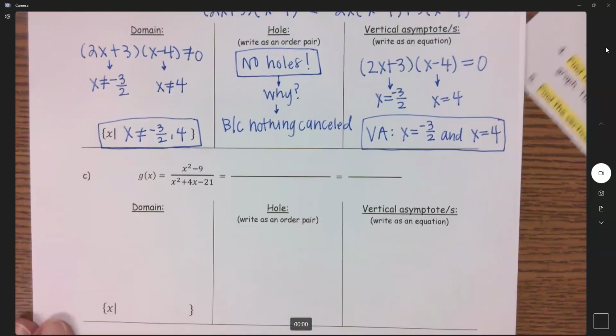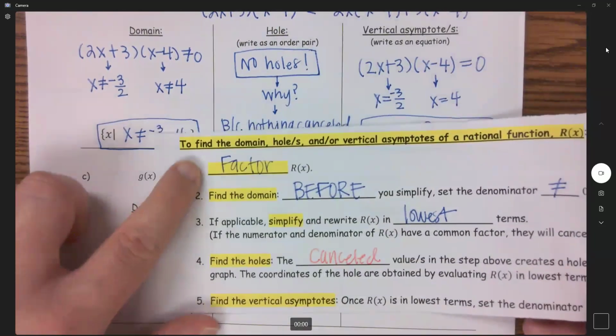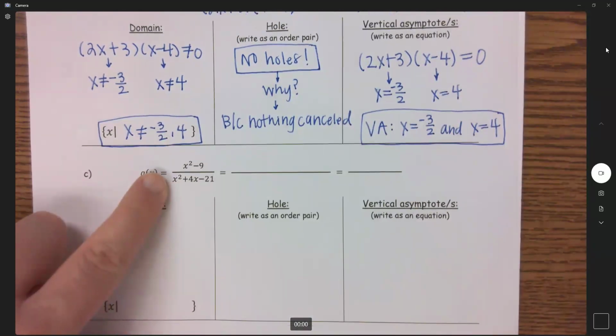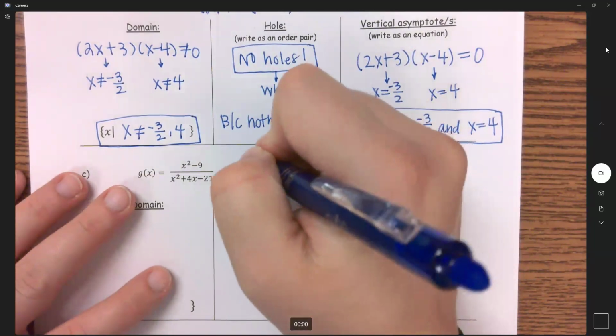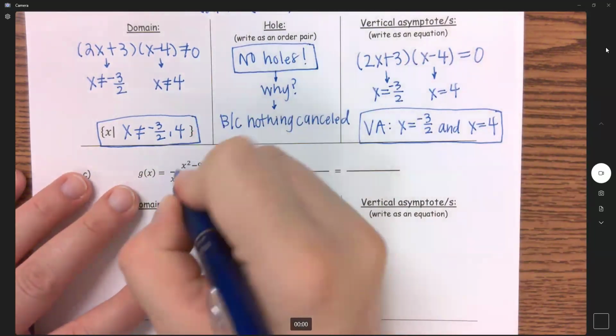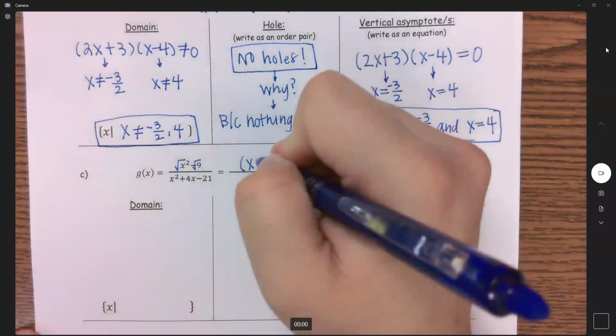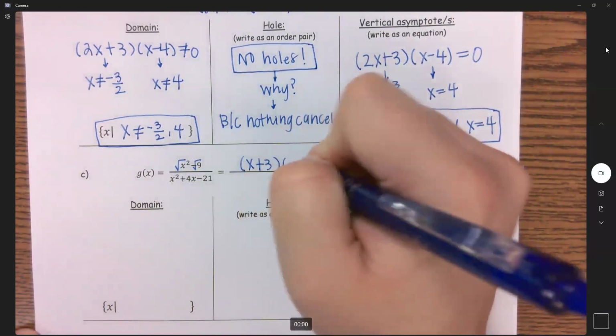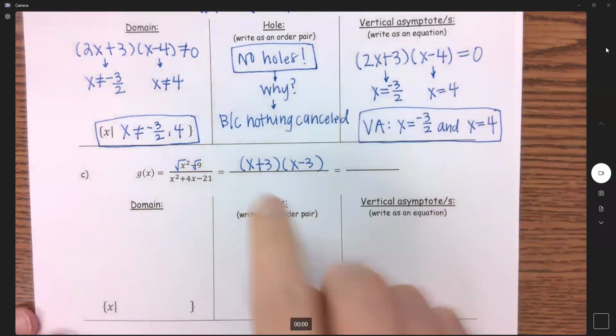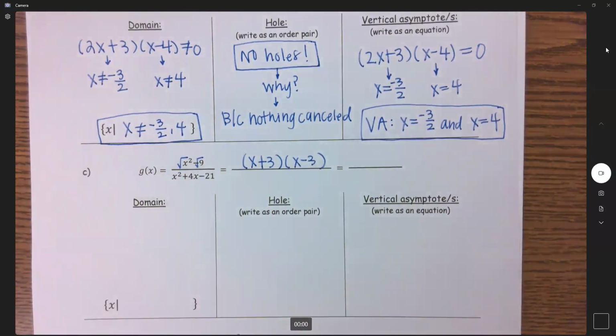Part C, we start with factoring. The top will factor, that is a difference of squares. So if you take the square root of x squared and of 9, we're going to get x plus 3 and x minus 3. That plus or minus makes that a -9 right there.